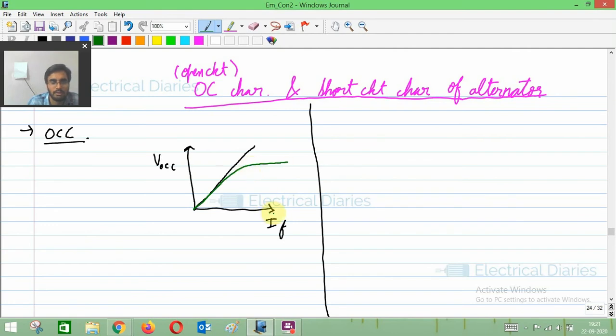No matter how much you increase your field current, the VOC will remain constant. So this is the region of saturation. In this, you just need to remember that your VOC is root 3 times EF. And what is this EF? This is the excitation voltage.